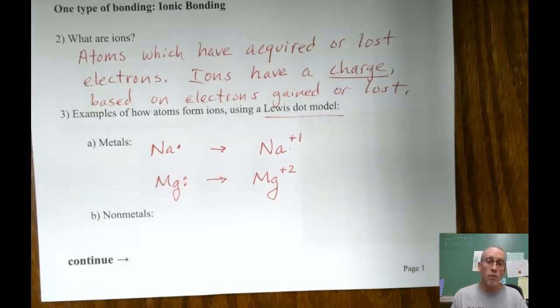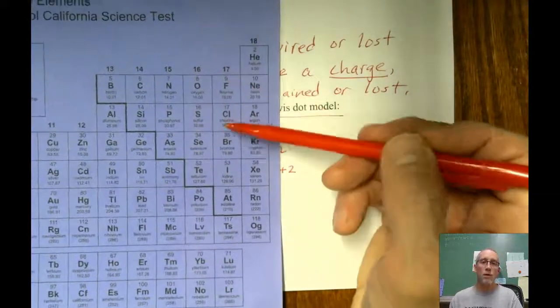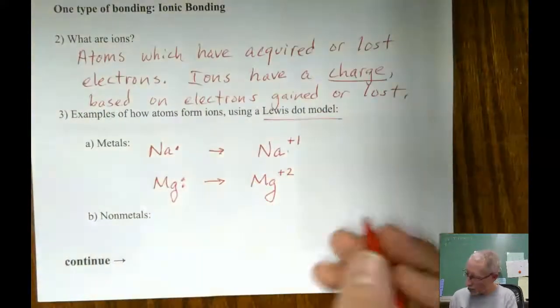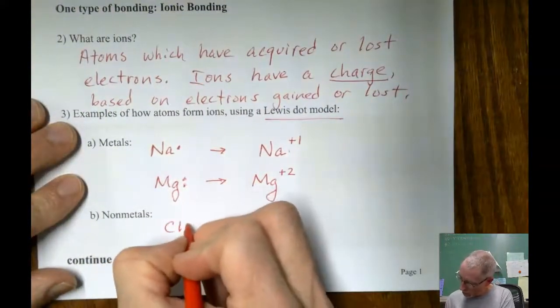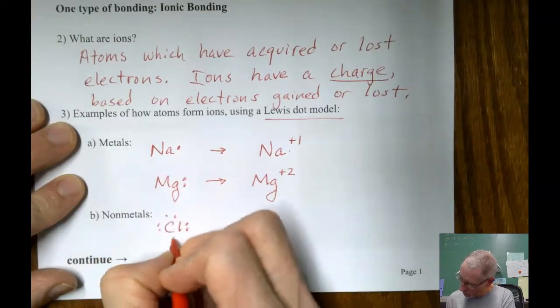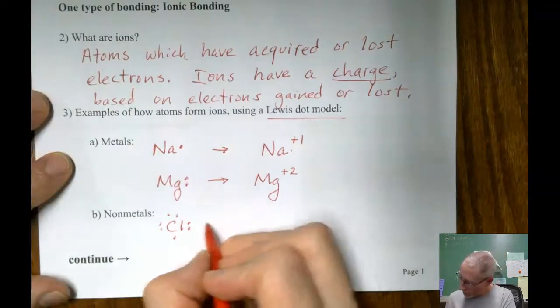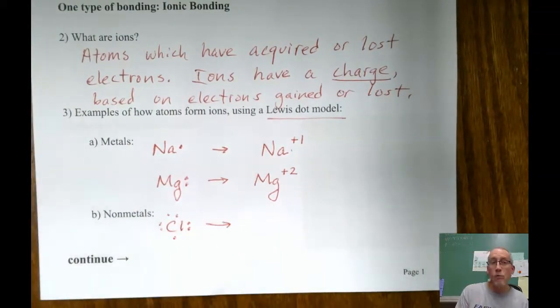Now, what happens with nonmetals? Well, let's take a look over here. How about chlorine in group 17? That means it has 7 outer electrons. So we'll draw it 7, and put 2 on each side, but 1 on one of the sides. And now, it's not going to lose 7. It's much, much easier to acquire 1 more.